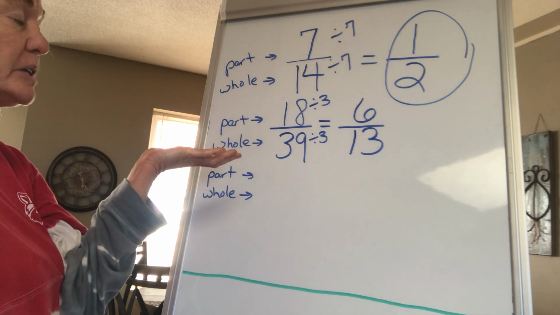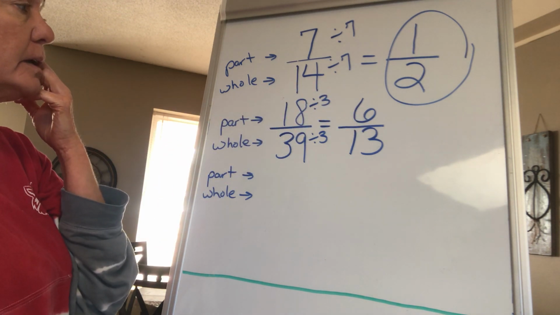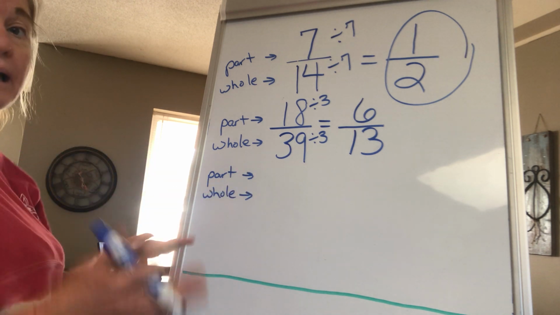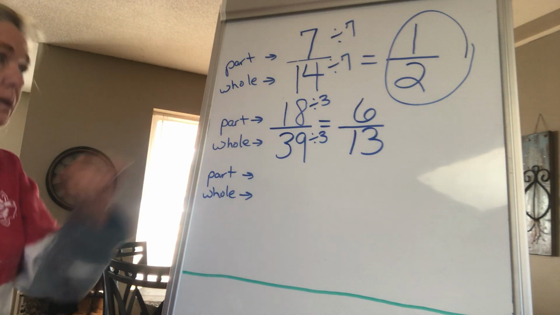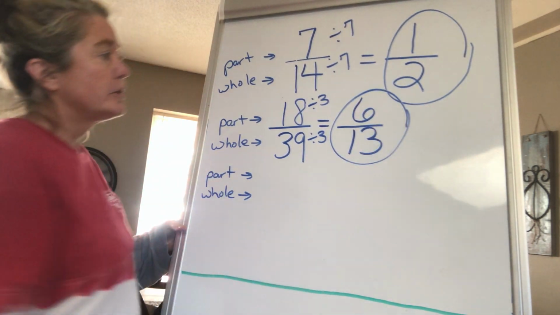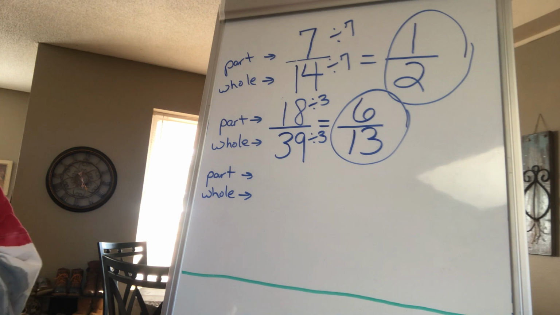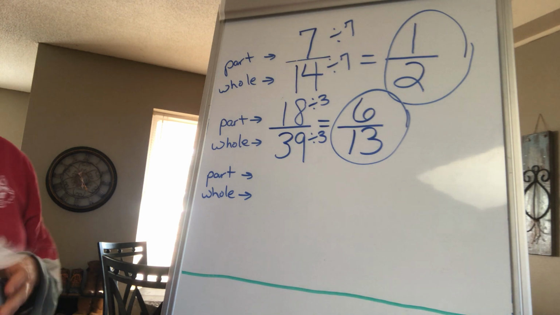The last option I have is 6. It would go into 6 evenly, but it won't go into 13. So yeah, 6 over 13 is my final simplified answer. There's no other number that I can divide both of them by and get a 0 remainder.